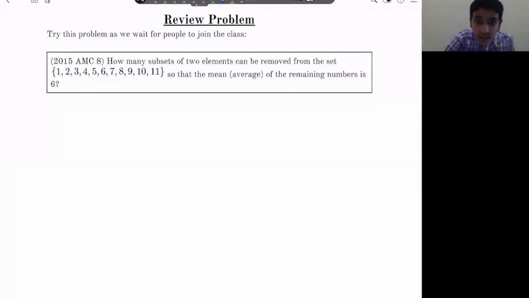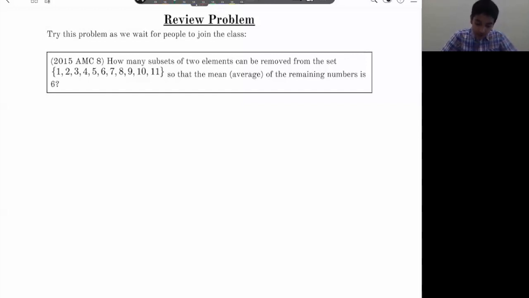Or no. Okay, I think most people who had left earlier had a chance to rejoin now, so we'll start.